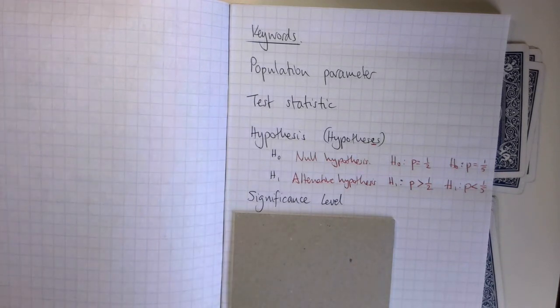So another thing that's important is the significance level of the test. And this is a percentage, and it's, well, how unlikely does the result have to be before you go, yeah, that was weird. So a really, really common one is, I want something that is a 5% chance of happening.